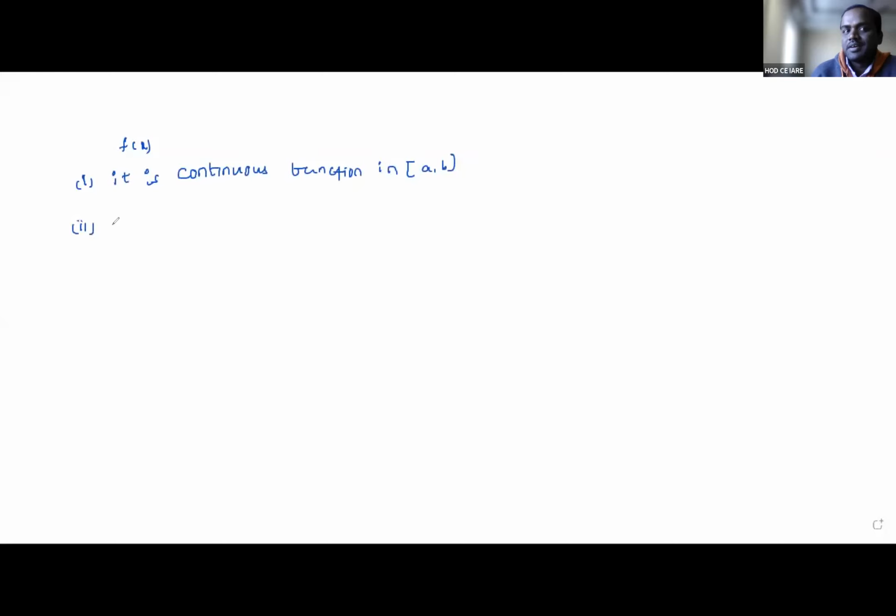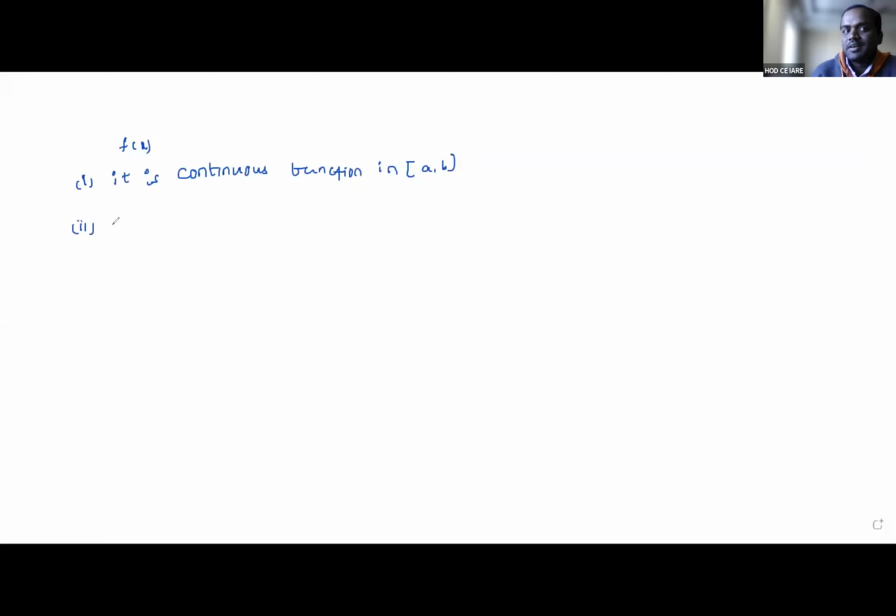According to this, the first condition is that f of x is a function. It is said to satisfy Rolle's theorem or not, meaning it is a continuous function in the closed interval of a comma b.